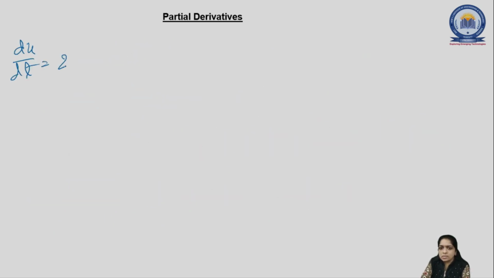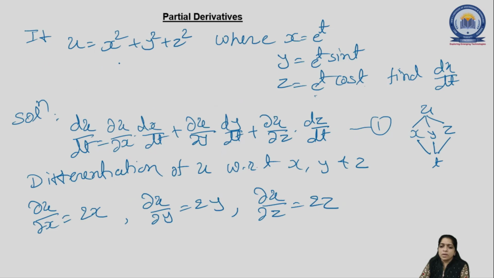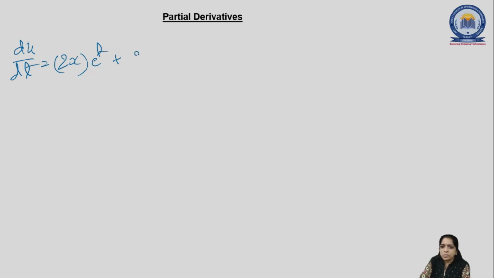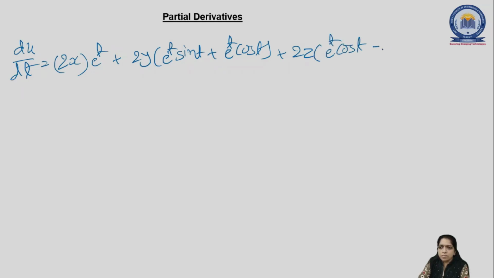So 2x into e raised to t plus the value of del u by del y, that is 2y, and here e raised to t sin t plus e raised to t cos t, right? So 2y into (e raised to t sin t plus e raised to t cos t), and same 2z, here e raised to t cos t minus e raised to t sin t.